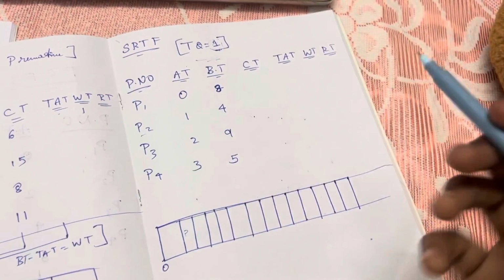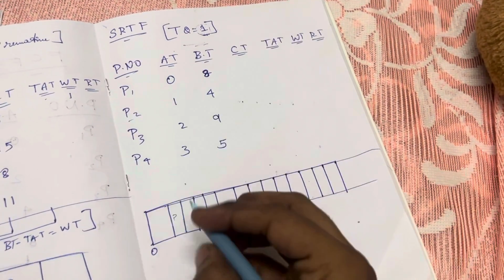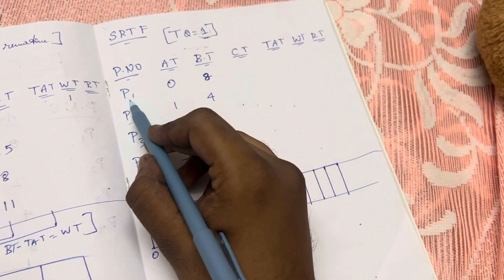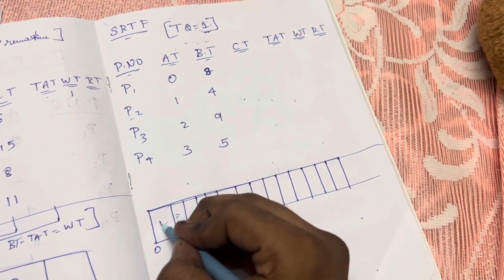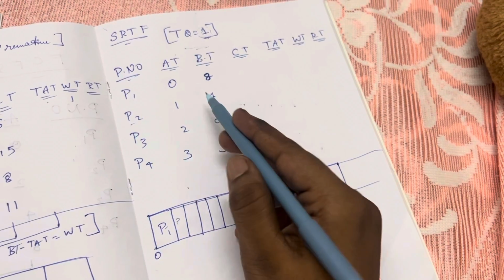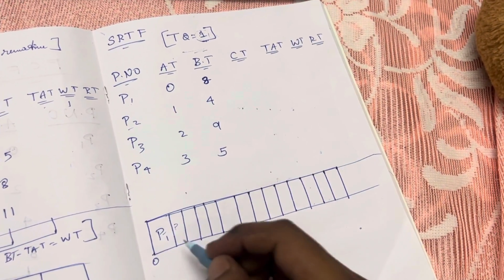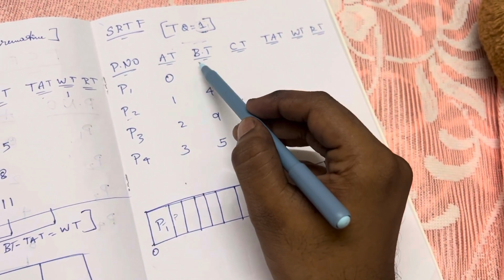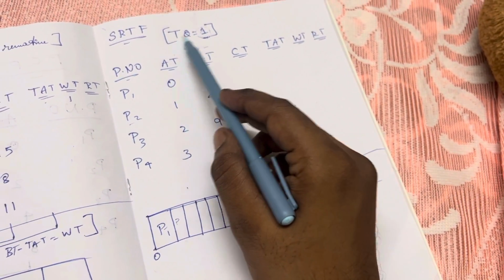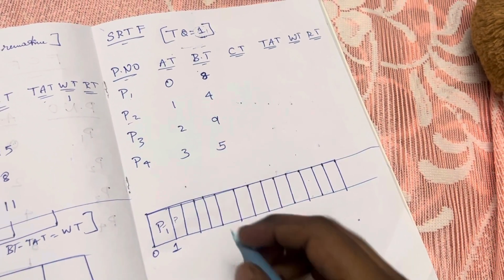As usual, this is a question and we have written the Gantt chart. Let's start with P1 initially. P1 is 0, and the arrival time is 8. We do not write 8 here, because at P1 no matter what, the initial arrival time will be 1. So 1 here.